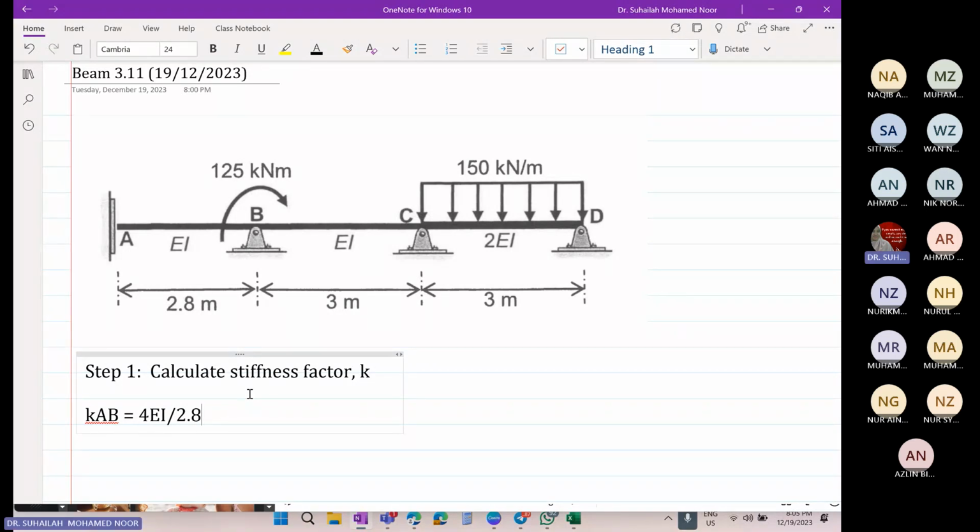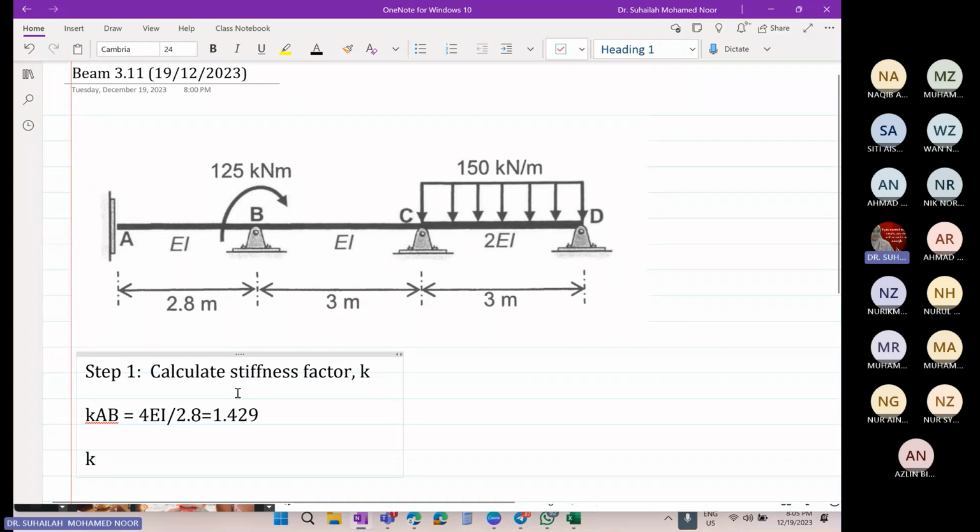So it is equal to 4 divided by 2.8, which gives 1.429 for member AB.